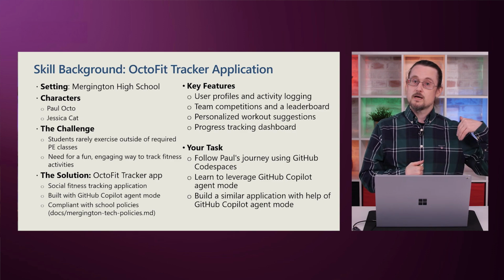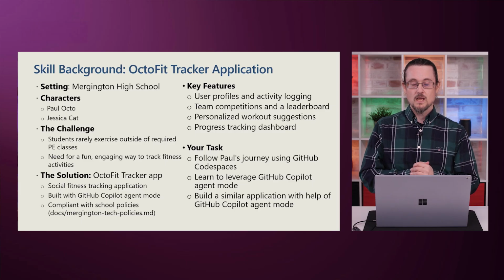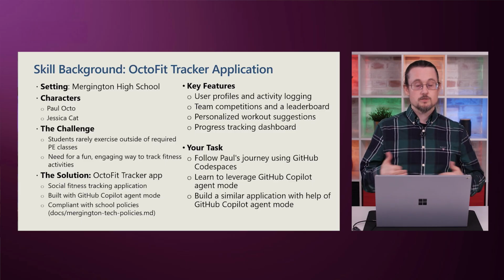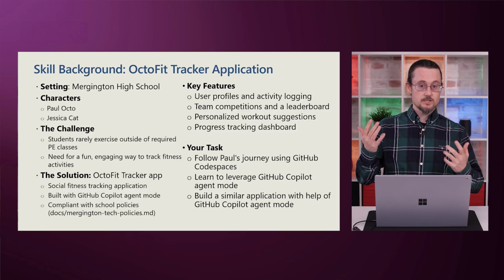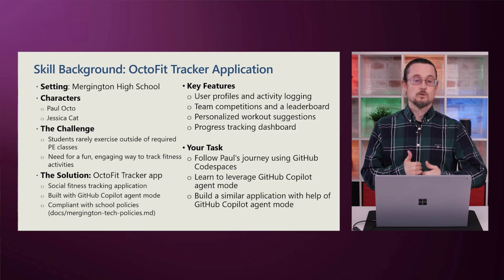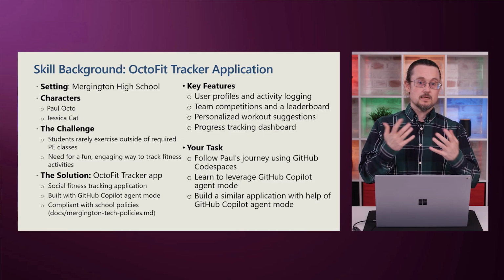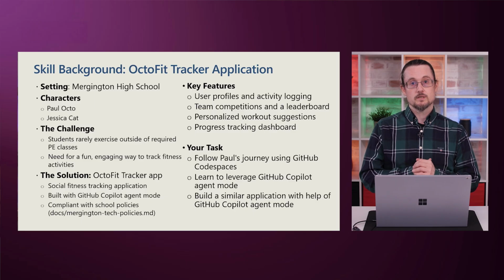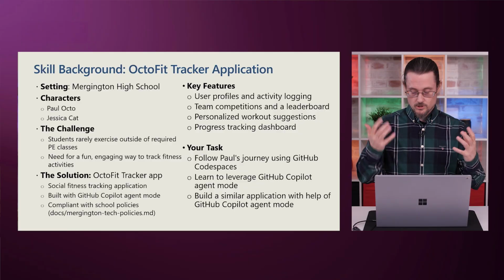We also want to have some kind of progress tracking so we see how things are going. So your task is to follow Paul's journey using GitHub Codespaces and the agent mode. As part of this, you learn how to leverage this new feature with Copilot, and you will then build an application to make sure that we fulfill all these requirements, all of these key features.